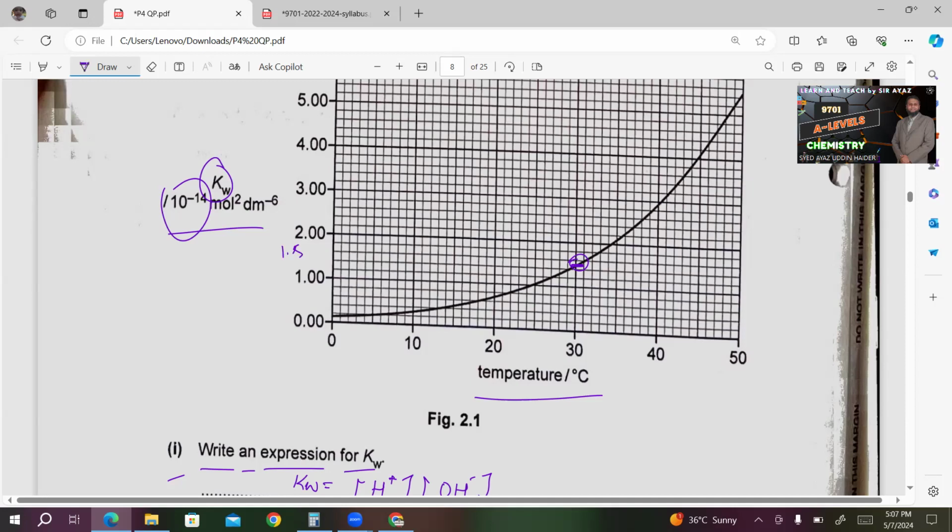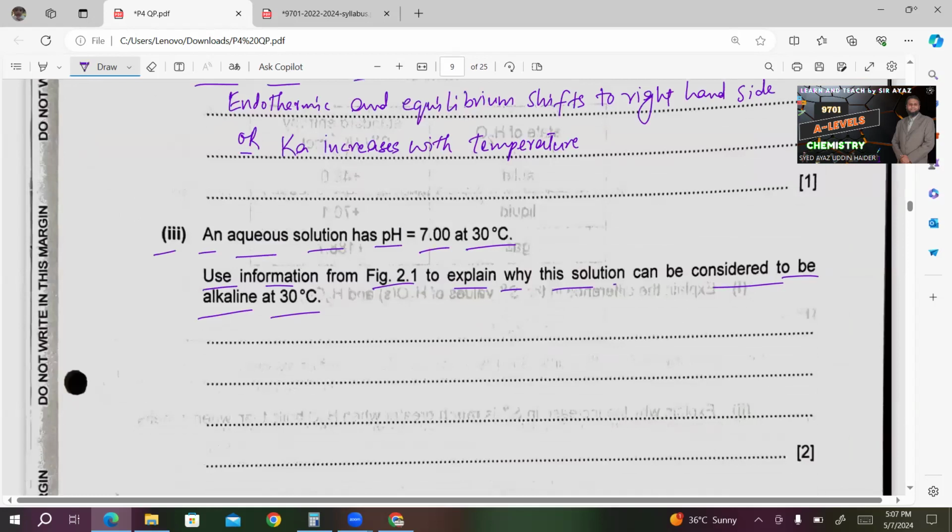Kw is increasing, which means it's alkaline. And it means OH negative ions are increasing. They are in higher concentration as compared to H positive. Therefore, it's alkaline.